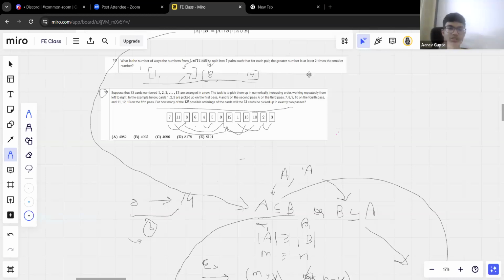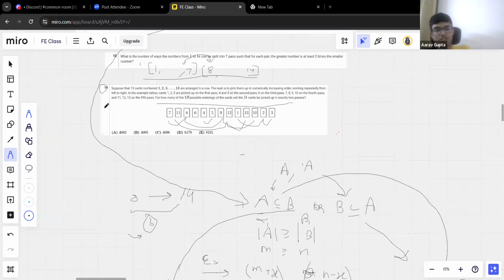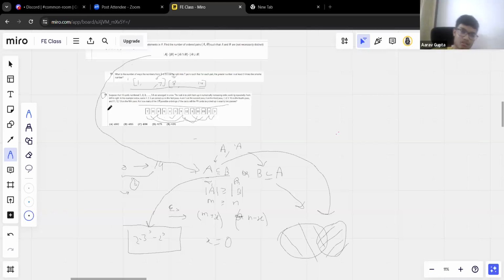Okay, so I'll tell the solution for the third problem. Does anyone have any ideas?